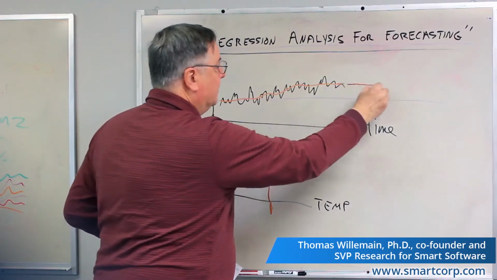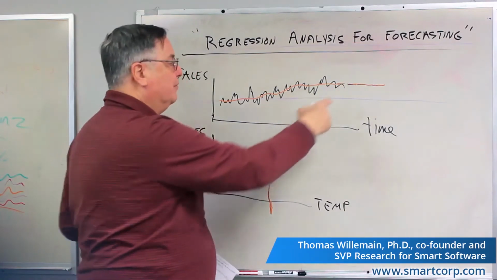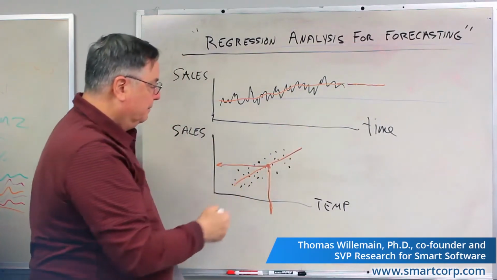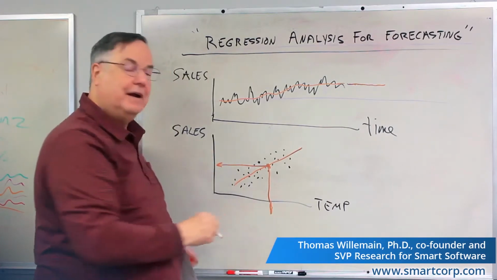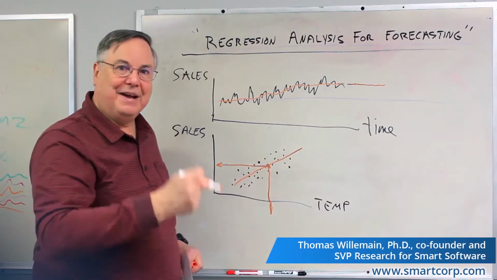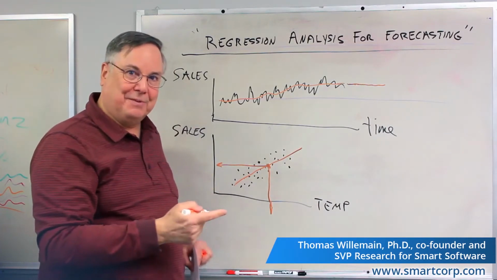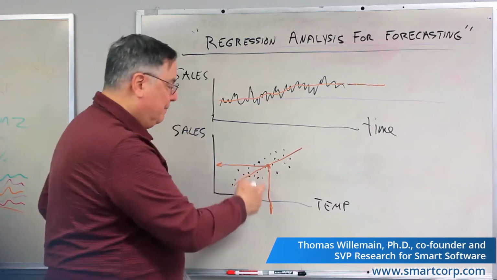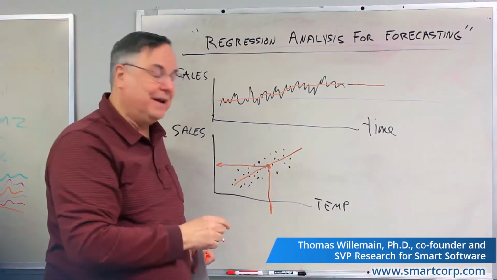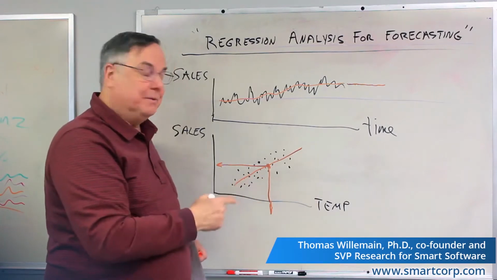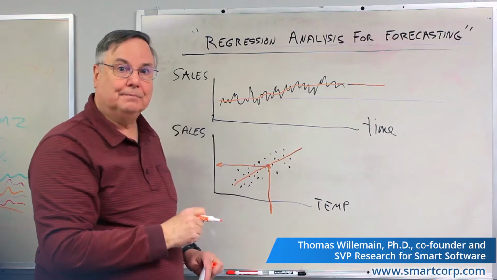Maybe we're going to make a flat forecast based on the current estimate of where the sales level is. Here, to make a forecast of sales, we have to have a forecast of temperature. And that's turning a single forecast problem into a double forecast problem. But if temperature is related to sales, and if temperature is itself forecastable, then a regression approach can improve the accuracy of your forecast of sales.